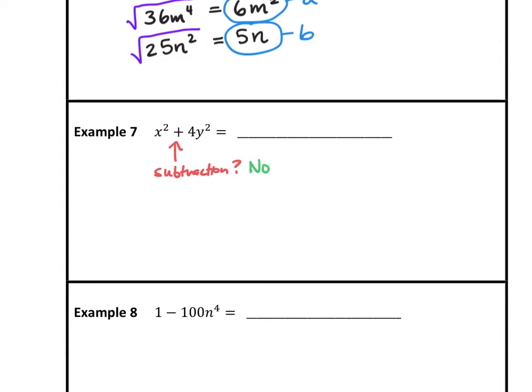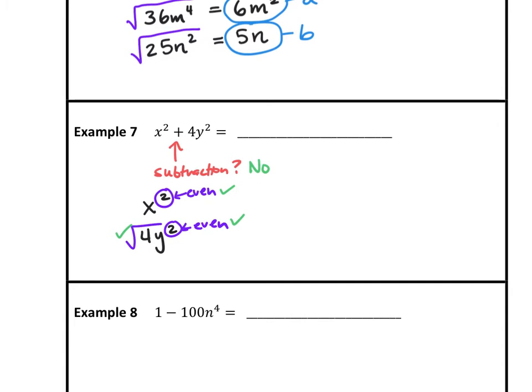Even though you might have looked at it and said, oh, x squared, the exponent is even, check, right? Then you would have looked at 4y squared. You would have said, the exponent is even. I can take the square root of 4 and get a whole number. So I have check, check. But since there's no subtraction going on, then we can't factor it.